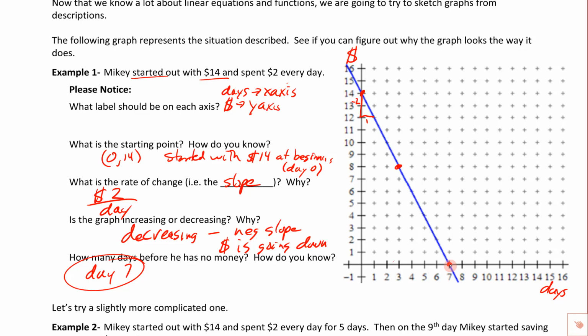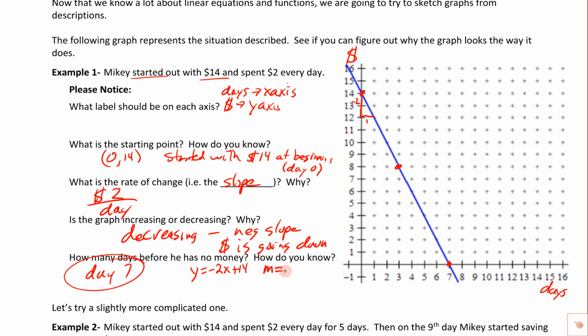We could also do something kind of clever and put several pieces of the things we've been working on in the last unit together, and we could say, look, the equation here could be represented by y equals, he's losing $2 every day, and he started out with $14. So we could write a linear equation. We couldn't use D for dollars and D for days, but we could do something like this.